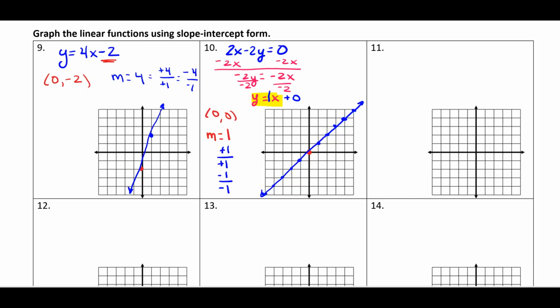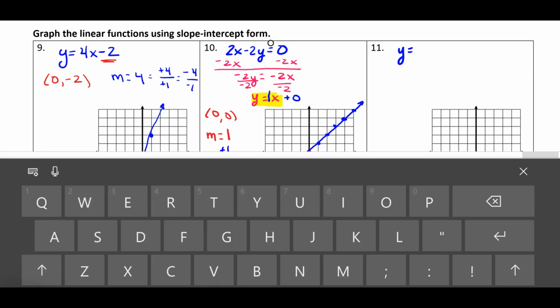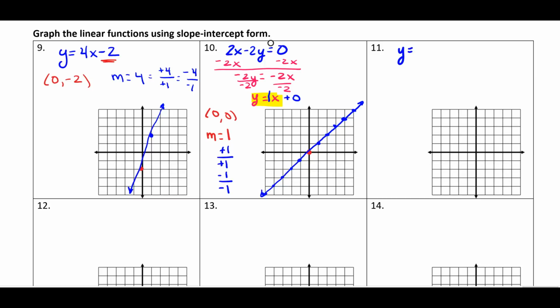Okay, so number 11, we're going to look at y equals negative x. So again, this one is already solved for slope-intercept form, and again this is another one like number 10 that is easily confused, simply because there's not a lot of numbers with it.